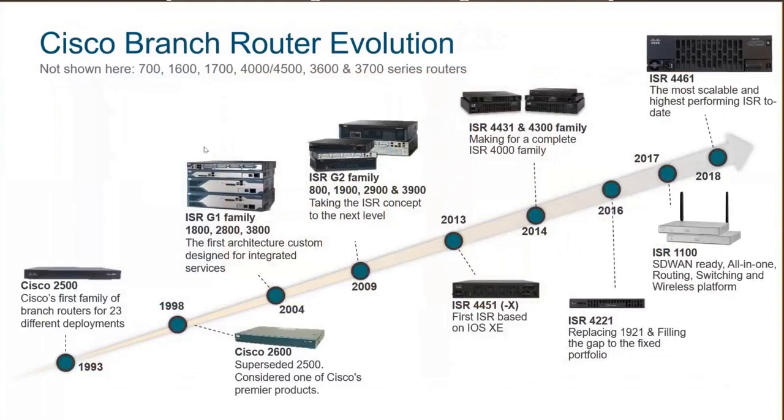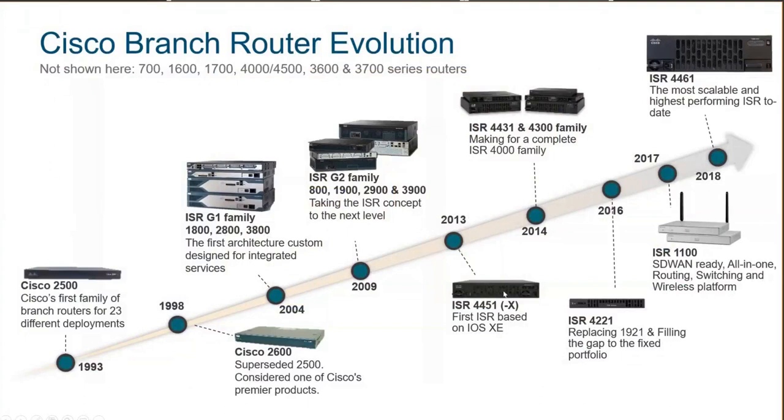So this is the evolution of the branch routers. Earlier we had Cisco 2500 and later it was 2600. Then came the ISR G1 family, 1800, 2800, 3800. Till these, all devices are end of life, we don't support them anymore. From here, a few of the devices are nearing end of life, these ISR G2 families.